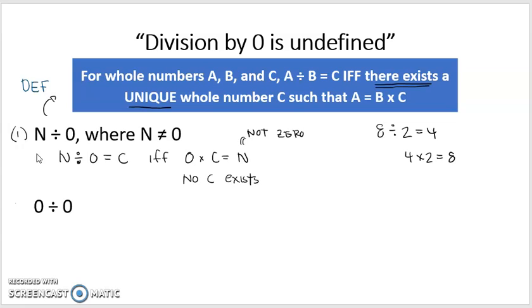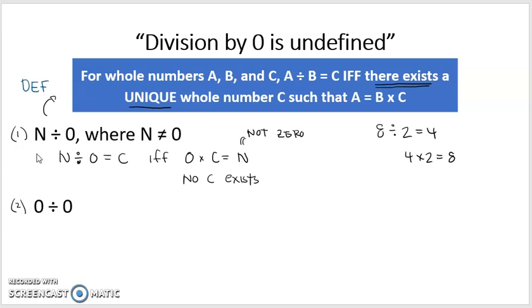Case 2, which I think is a really cool case, is what is 0 divided by 0? I'll have so many elementary students tell me, oh, that must be 1, because they get used to 2 divided by 2 is 1, 3 divided by 3 is 1, 0 divided by 0 must be 1. And I always challenge them to put it in your calculator and see. Well, 0 divided by 0, what does that equal? Here's my claim.